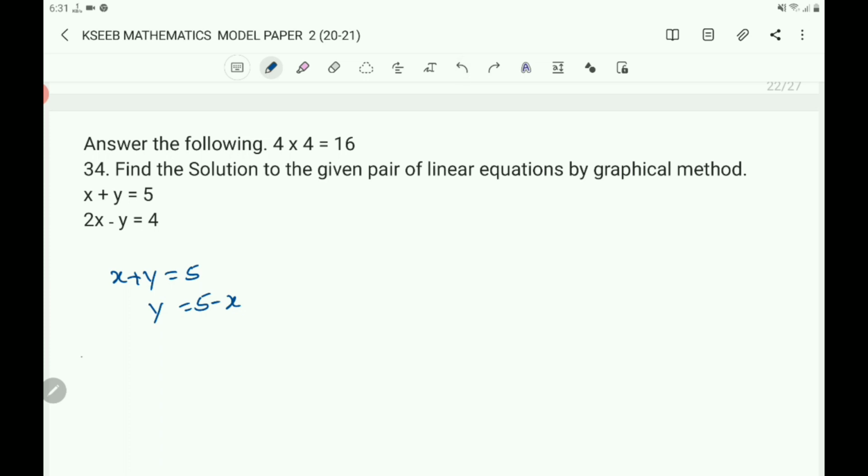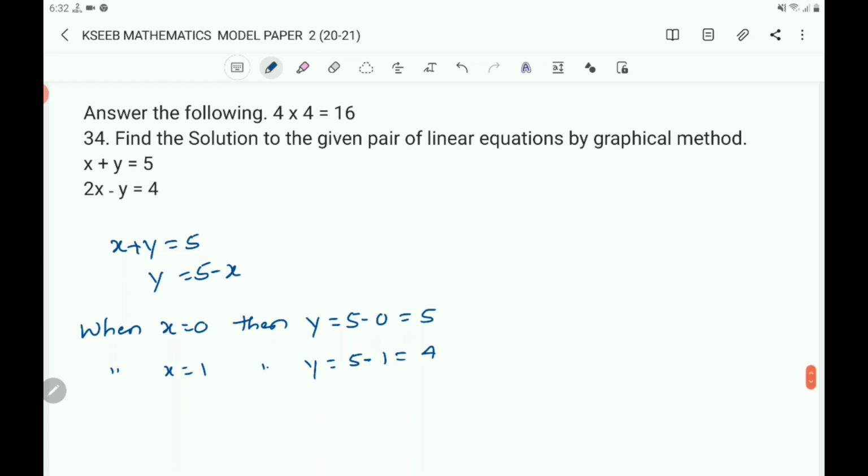So when x equals 0, then y equals 5 minus 0, that is 5. When x equals 1, then y equals 5 minus 1, that equals 4. When x equals 2, then y equals 5 minus 2, that equals 3.